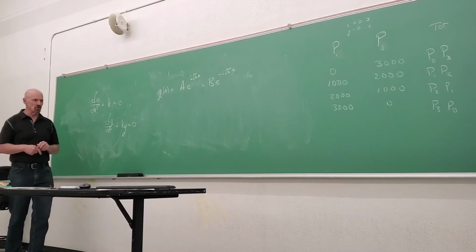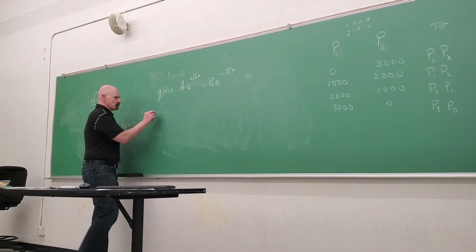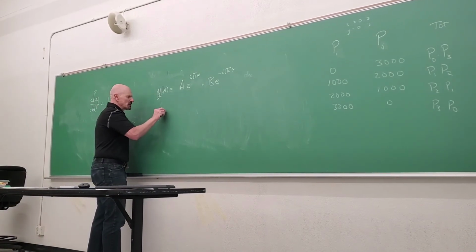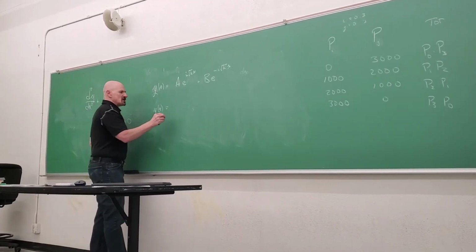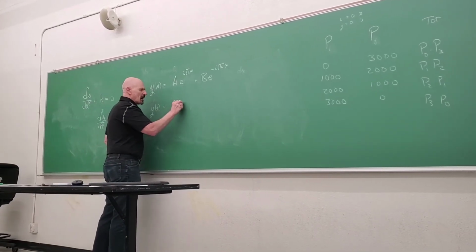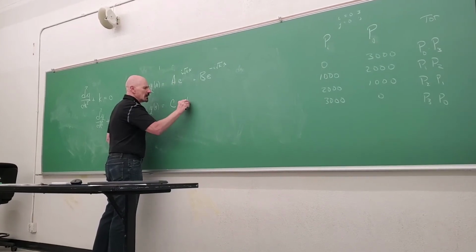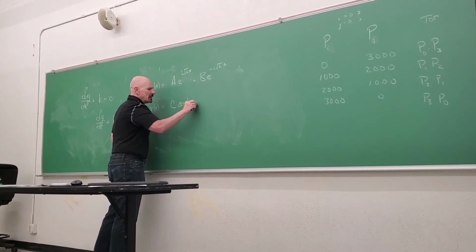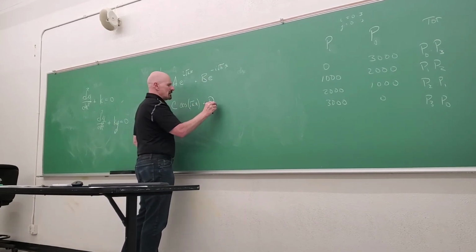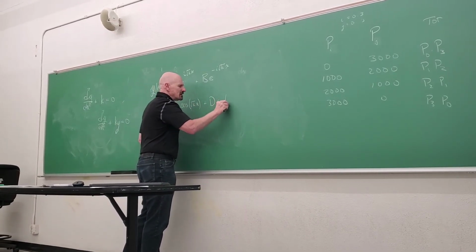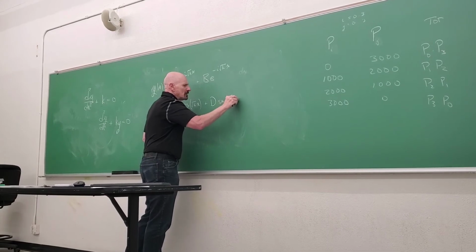The other solution that is essentially equivalent looks like this. Instead of A, B, I'll use C, D. It becomes C times the cosine of the square root of k times x, plus D times the sine of the square root of k times x.